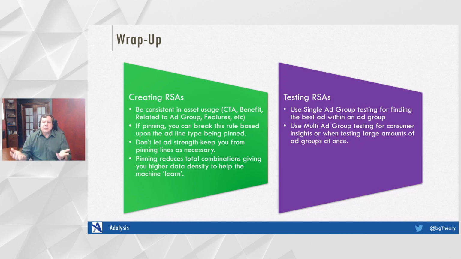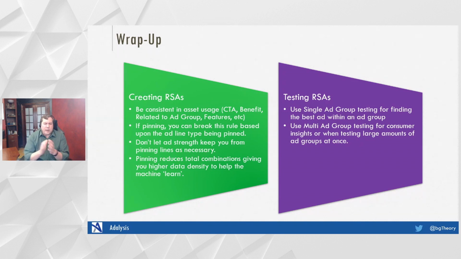Now, when you think about testing responsive search ads, we want to use single ad group testing for finding the best ad within an ad group. Right? Now, that's important based upon, is it brand? Is it non-brand? How much data does this get? And then multi-ad group testing is best for really consumer insights or when testing large amounts of ad groups at a single time.